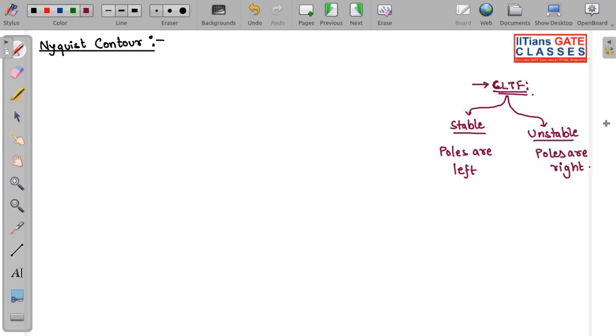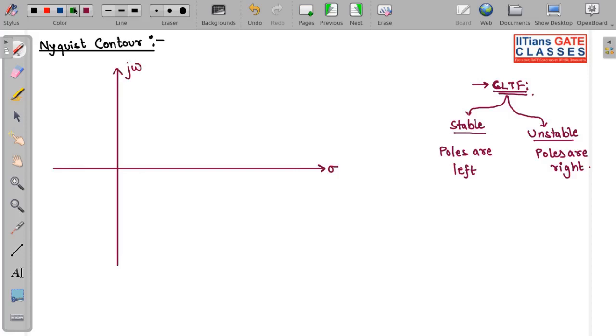Fine. Now you might have seen in the textbook that usually your Nyquist contour looks something like this. So I will be erasing this part in a few moments.